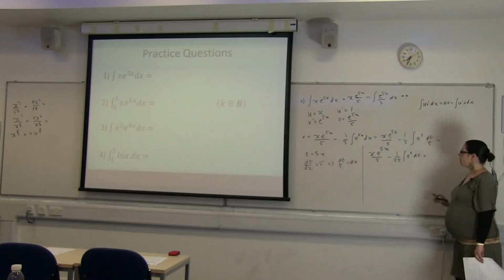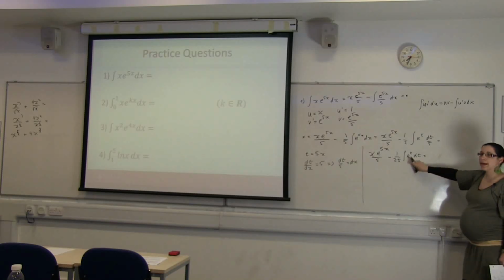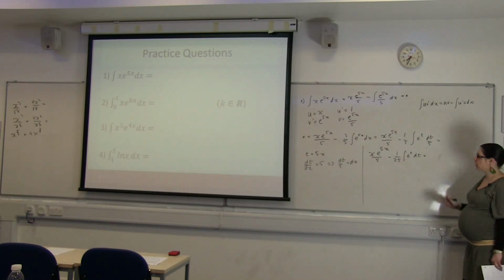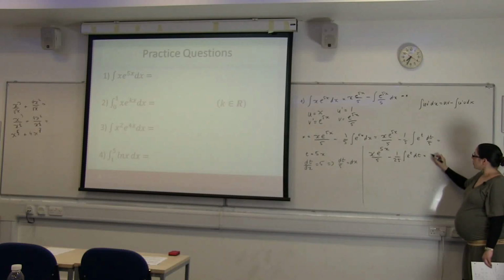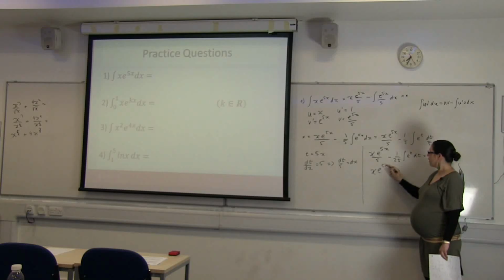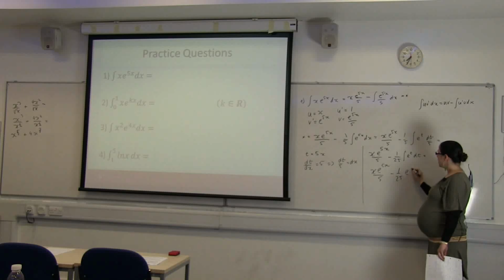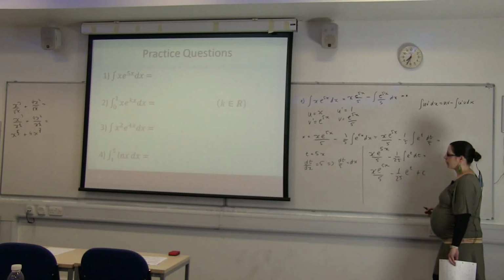And what is the integral of e to the t dt? E to the t, because there are no constants now. So I can just integrate it simply. So that is equal to x e to the 5x over 5 minus 1 over 25 e to the t plus c.